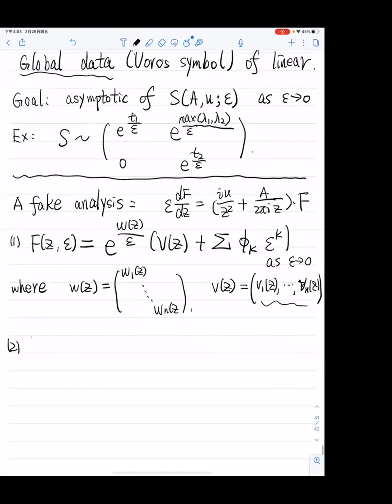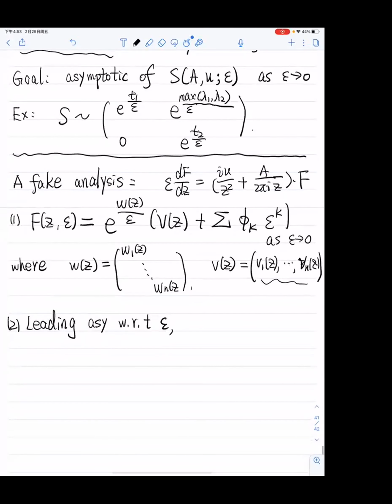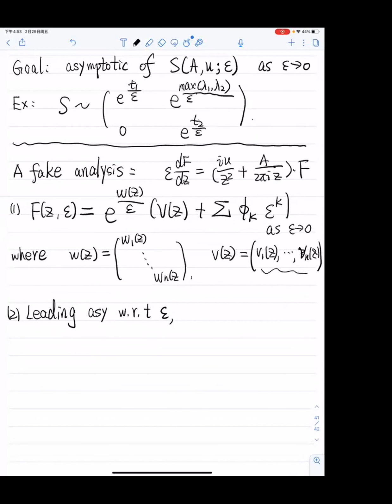Then simply by looking at the leading asymptotics, this is quite easy. If you look at the leading behavior with respect to epsilon, we will easily find omega(z) and V(z), these two matrices, should satisfy the following equation.